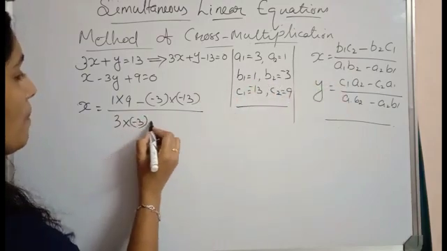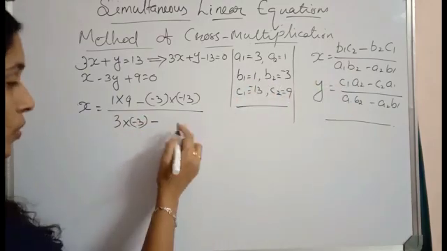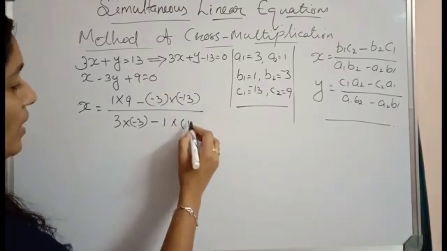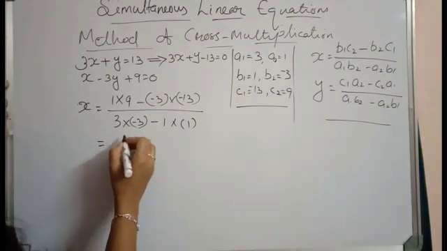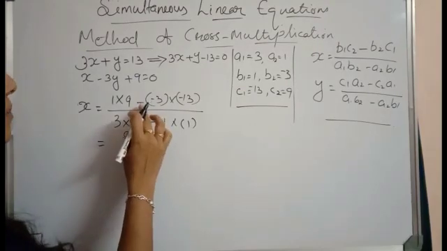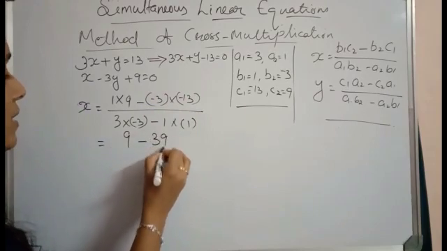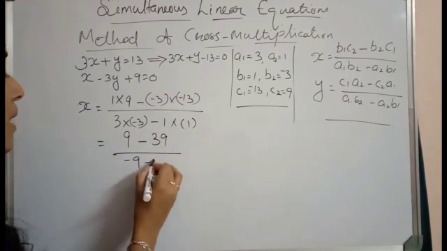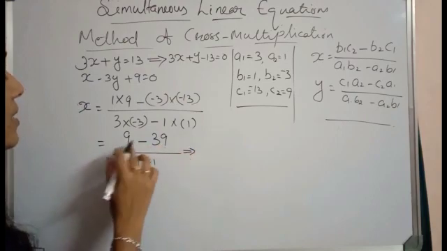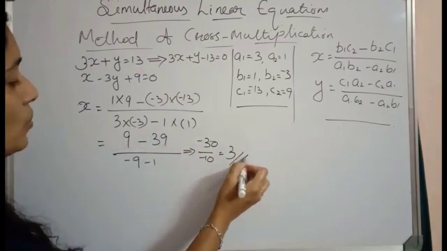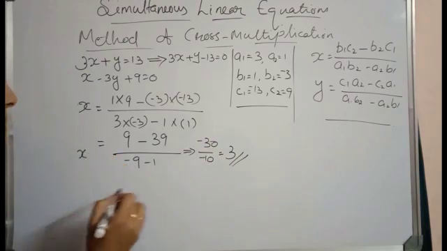Minus 3, minus a2, 1 into b1 is 1. That's equal to 9, minus into minus is plus, into minus again minus 39, divided by minus 9 minus 1. So that implies this will be minus 30 by minus 10. That's equal to plus 3. So the value of x we are getting is plus 3.